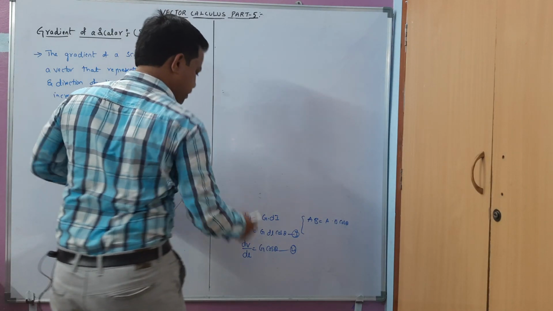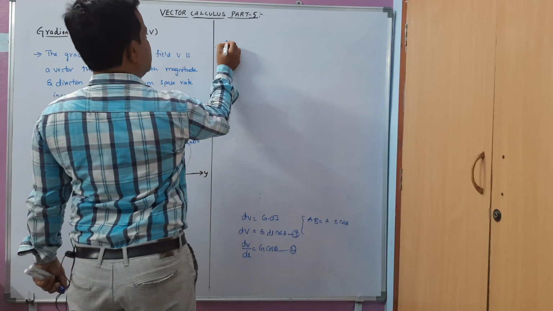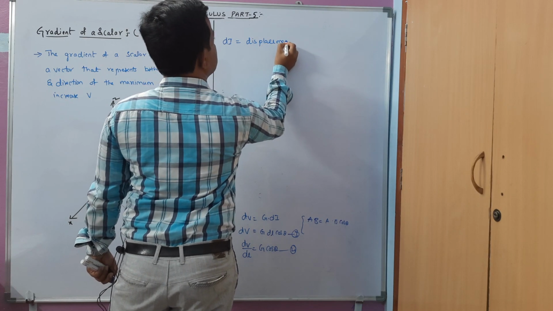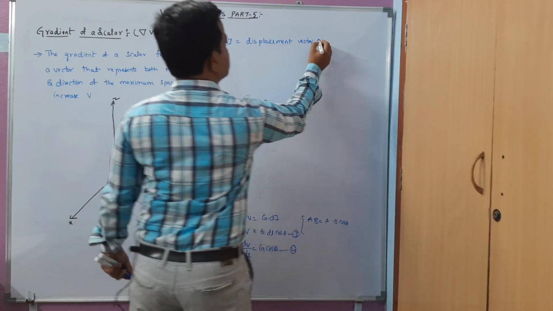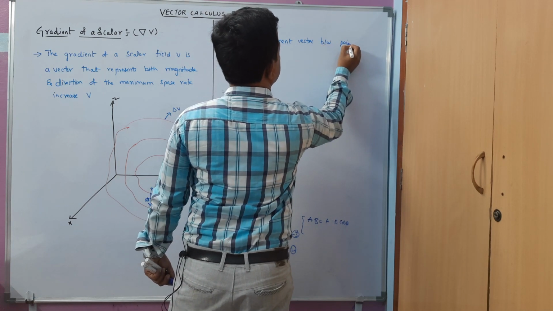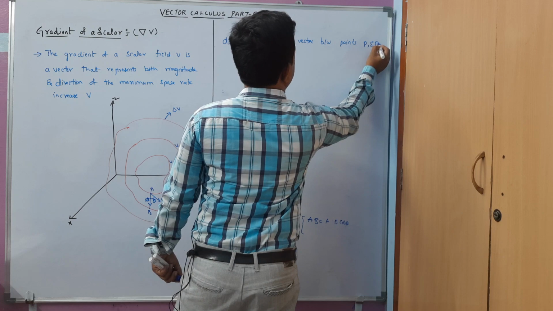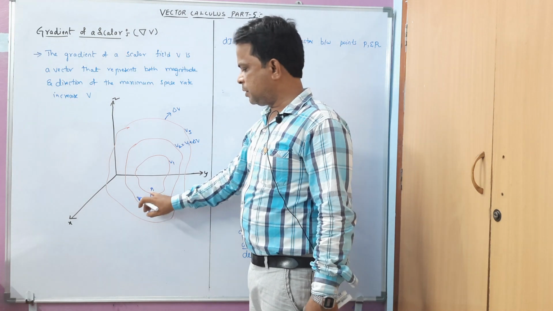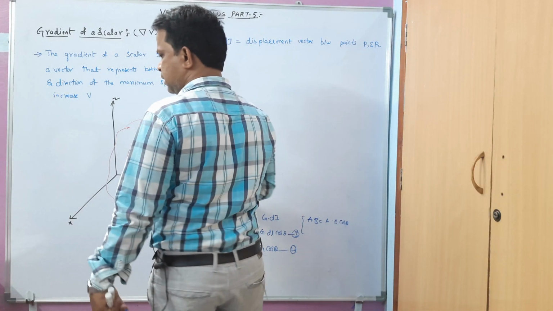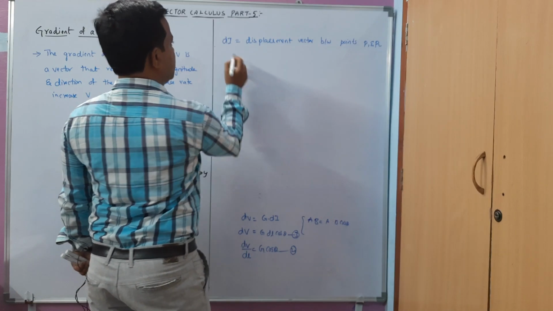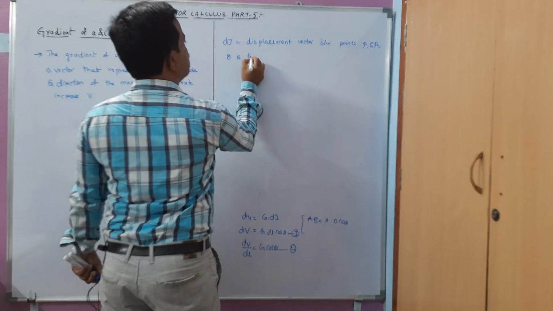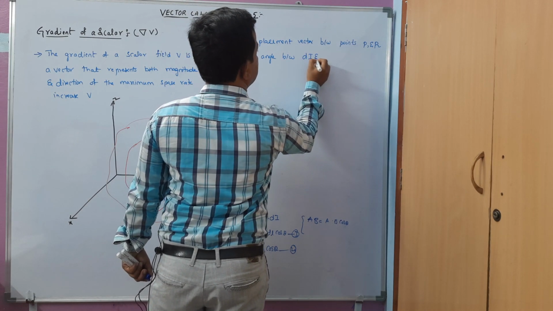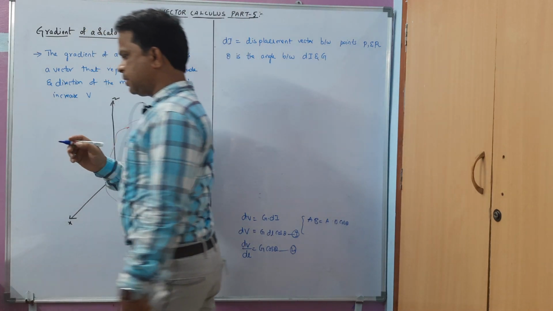Here dl is the differential displacement, the displacement vector between points P1 and P2. You can observe we have dl, the displacement vector from P1 to P2, and theta is the angle between G and dl.